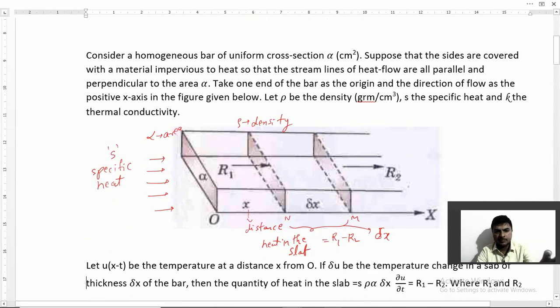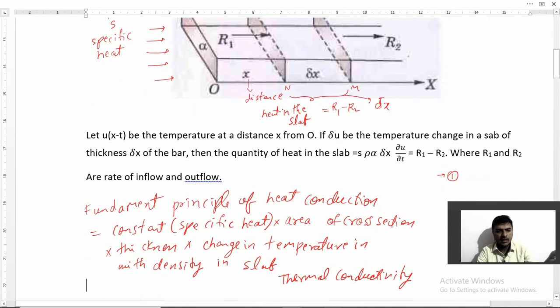So just explain this diagram and give the description. Say that initially the temperature is u(x, t) from x to 0. Delta u is the change in the temperature. Remember this. Then what is the quantity in the slab? By the fundamental principle of heat conduction, remember this one line.